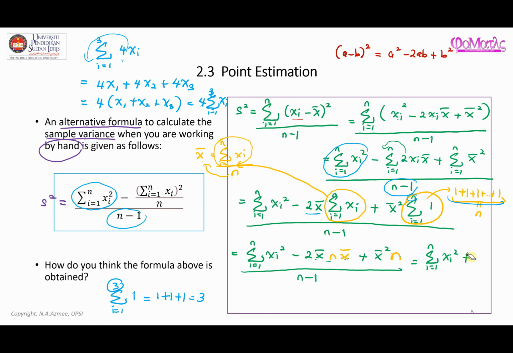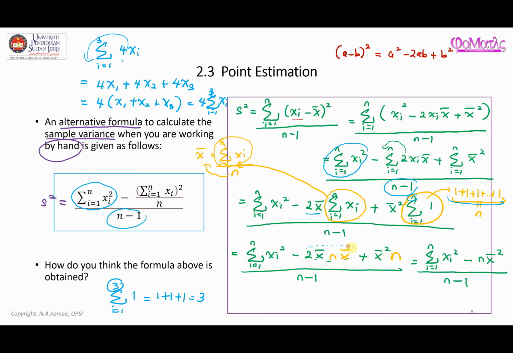I'm just going to erase this. So it's going to be negative 1, which is negative n x bar squared over n minus 1. Do you know what's going on here? I hope you can see that.